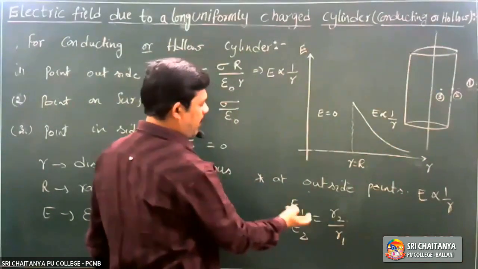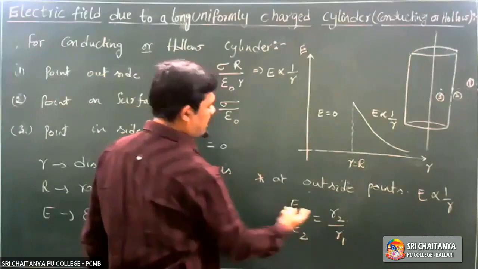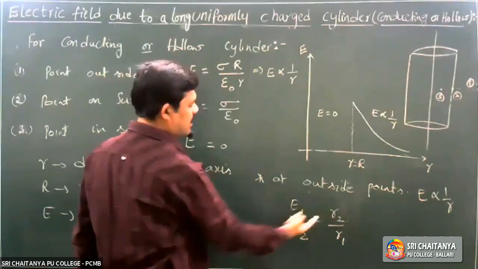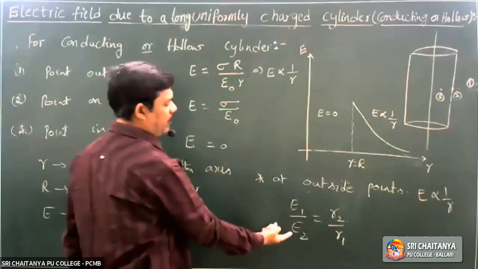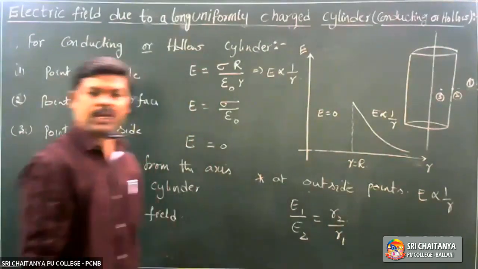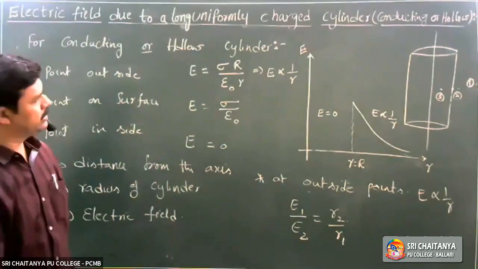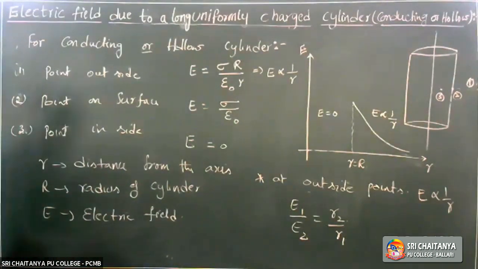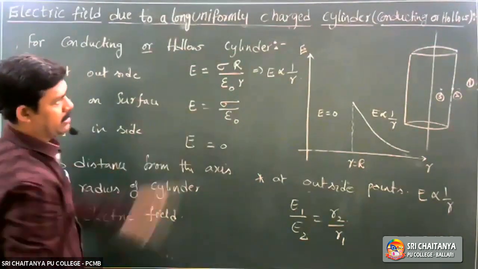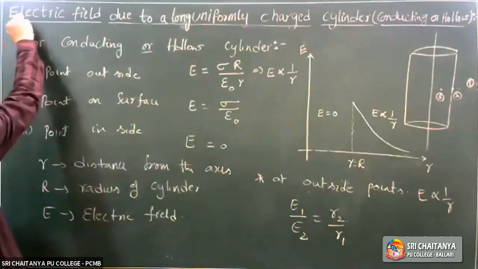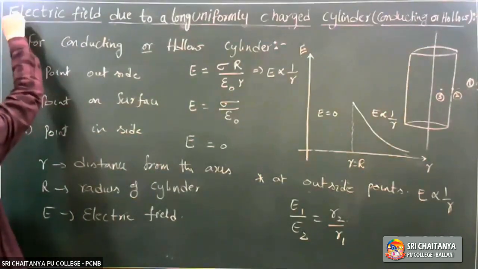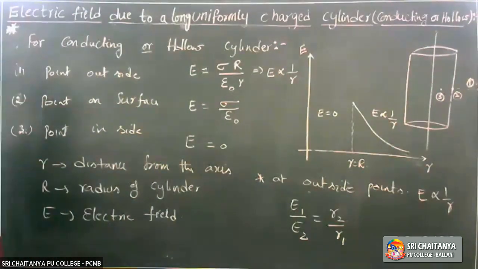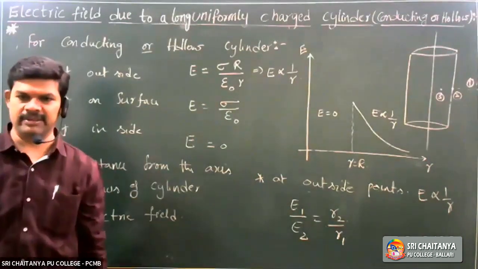At a distance r1 the field is E1, at a distance r2 the field is E2, then E1 by E2 is equal to r2 by r1. We can write, right? Come on, note down. For the entrance point of view, for this cylinder, conducting or hollow, this table is enough. Just remember this table. You can solve any related problem.